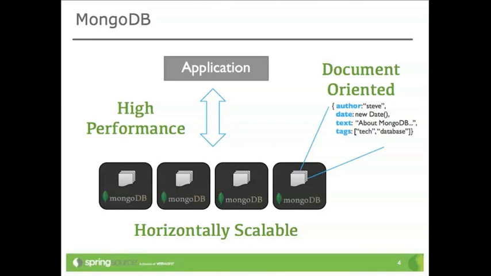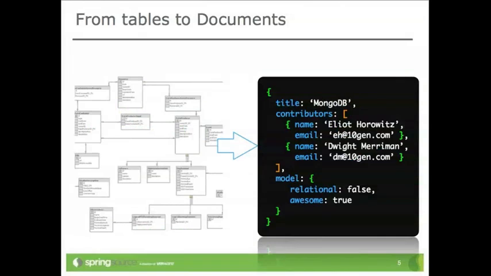I'm going to go through a couple of the features of MongoDB and how we typically use MongoDB to model and access our data. Unlike a relational database where we store data in tables, MongoDB stores data as documents. We use JSON documents as the native format of MongoDB, and this has a couple of implications on how we model our data.